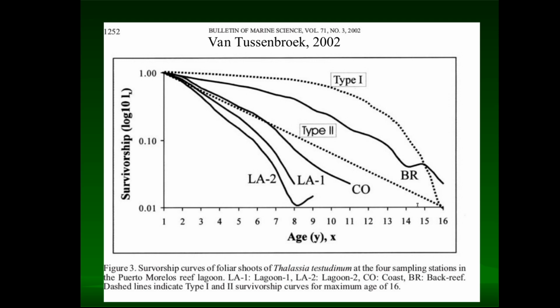And some populations have more intermediate curves, like these type 2 curves. But they could find no Thalassia populations with r-shaped curves. This implies that Thalassia tends toward being a K-selected species with some variation.